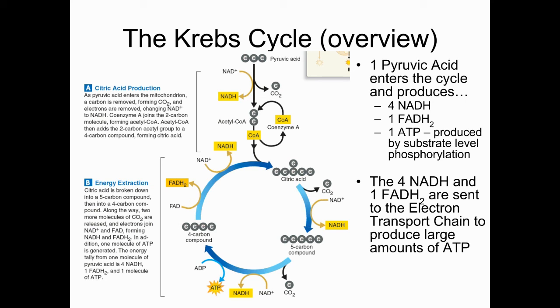This is dealing with the whole thing together, and here are our numbers. For every pyruvic acid molecule, once it enters this whole Krebs cycle, we get 4 NADHs, we get 1 FADH2. FADH2 is just another electron carrier. It's just like NADH, just another one that's involved. And we get 1 ATP produced.